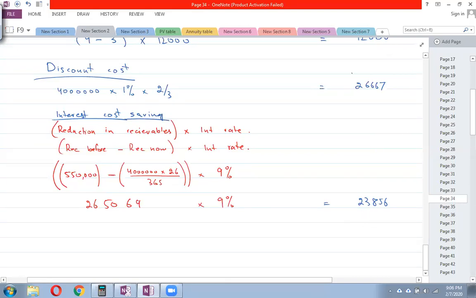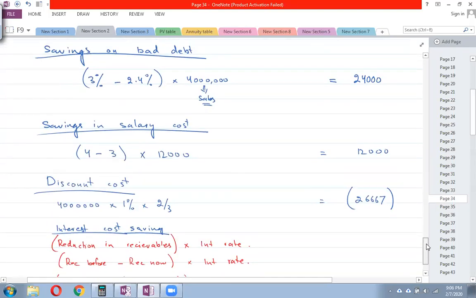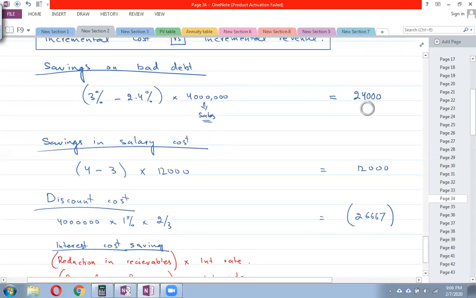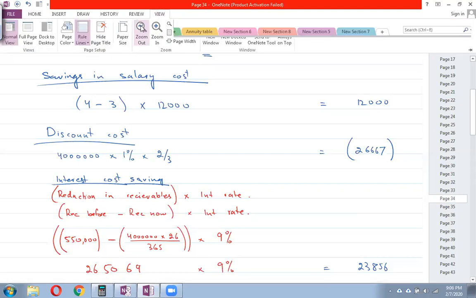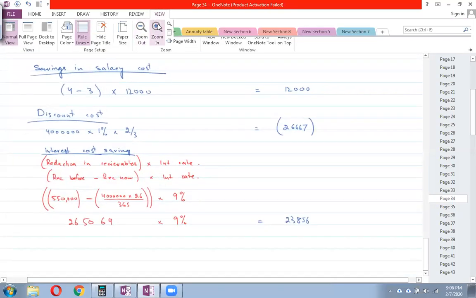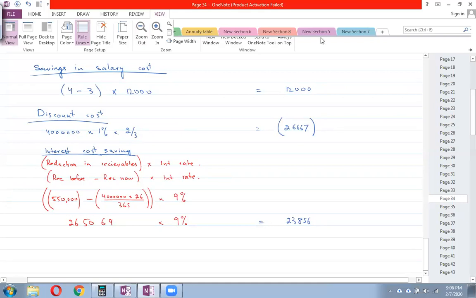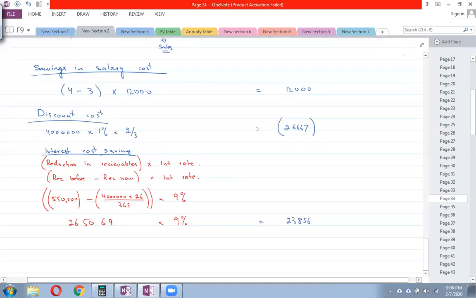So we have a discount cost and the rest are savings. Savings on bad debt, savings on salary cost, discount is cost, so it is negative. And then you have interest savings, right? The discount is the cost and the rest are savings. Now, we have calculated this figure.